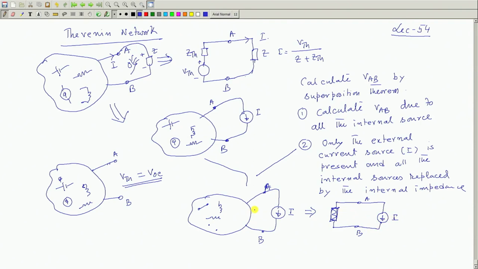And this equivalent impedance, looking from this end into this side, is once again that Z Thevenin, is it not? So this current source is present, and this is the thing here.